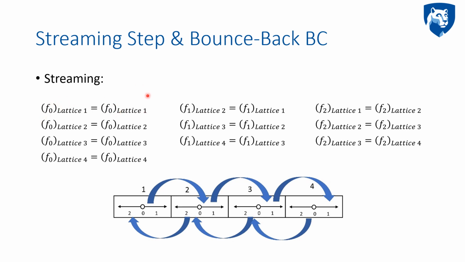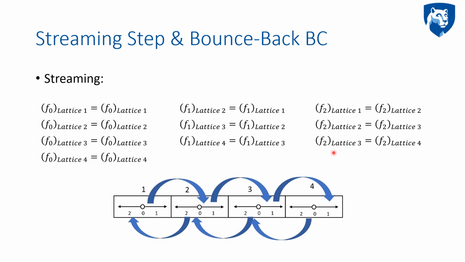And then for f1, we would go backwards in the direction. So first we're going to update f1 at lattice number 4 with the value from the lattice behind it, which is lattice number 3. And then after that we have to update f1 at lattice number 3 with the value at lattice number 2, and then update the value of lattice number 2 with the value of lattice number 1.